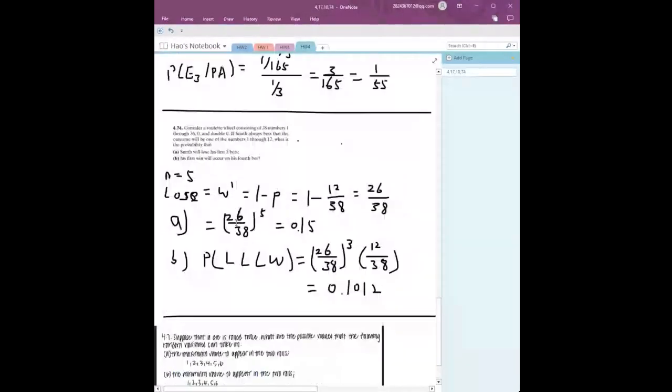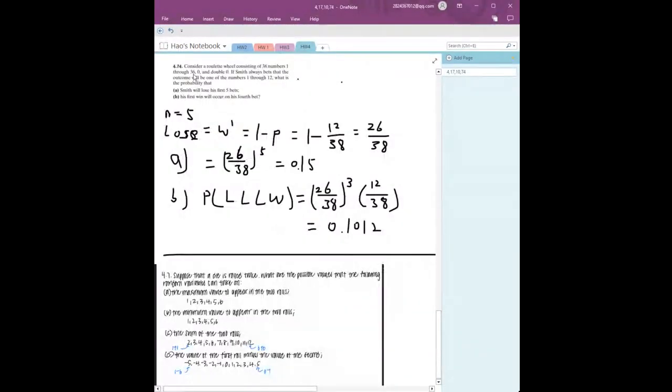I got question 4.74. Considering a roulette wheel consisting of 38 numbers, 1 through 36, 0 and 00, if Smith always bets that the outcome will be one of the numbers 1 through 12, what is the probability that A, he will lose his first 5 bets?